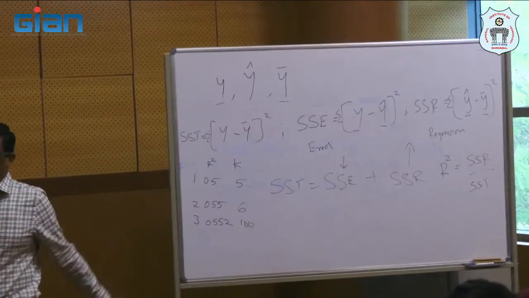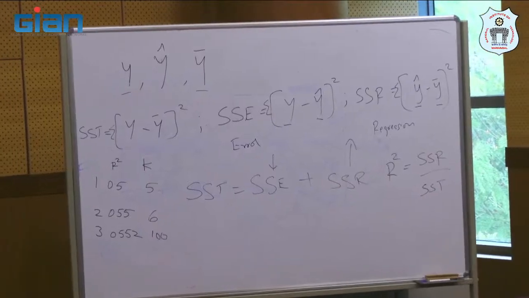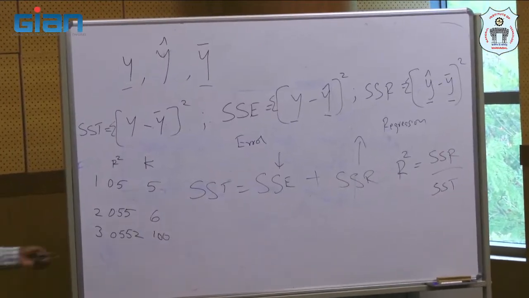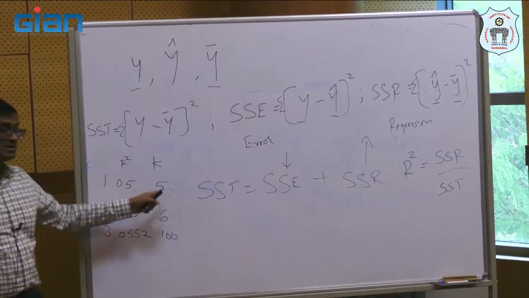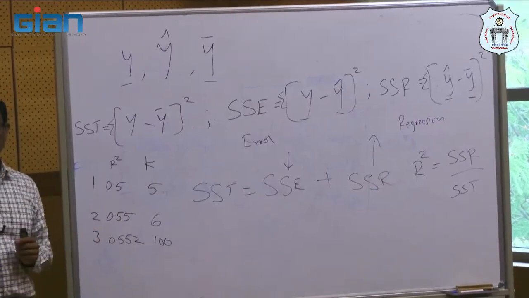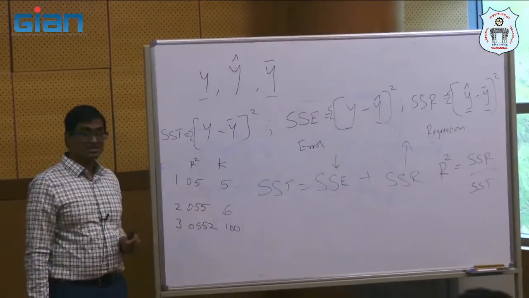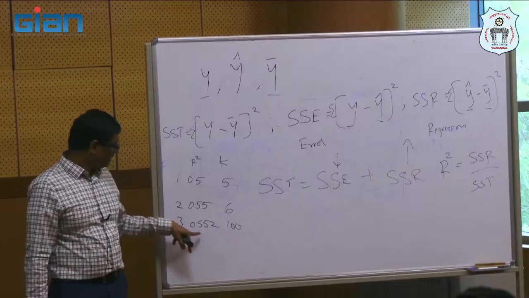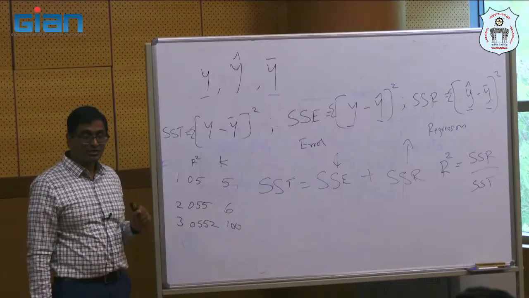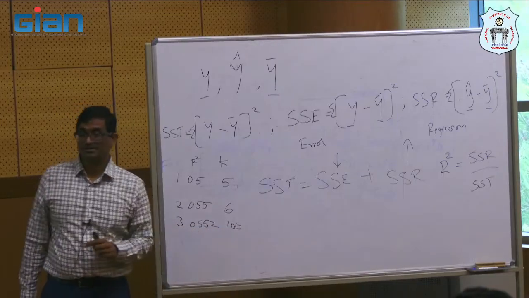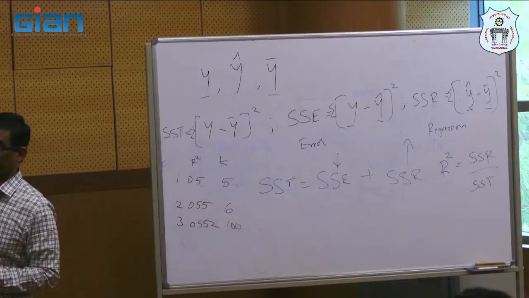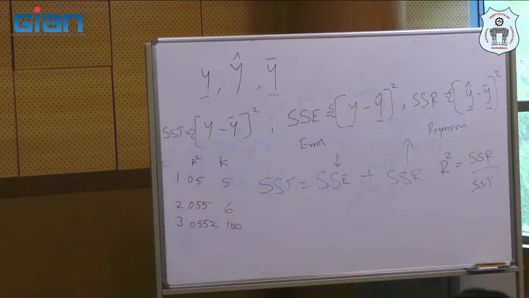So which model would you prefer? Model 1 has an R square of 0.5, and K, the number of parameters, is 5. Model 2 has an R square of 0.55, and it has 6 parameters. Model 3 has an R square of 0.552, and the number of parameters I'm using is 100. Which is the preferred model?